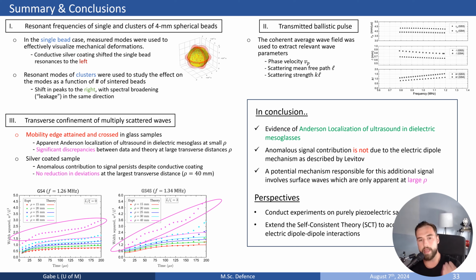This would amplify the induced electric dipole-dipole interactions to their maximum, and that would help understand how much of this effect is actually appearing in the data. Another perspective would be to extend the SET theory to account for dipole-dipole interactions, because it doesn't account for them yet.